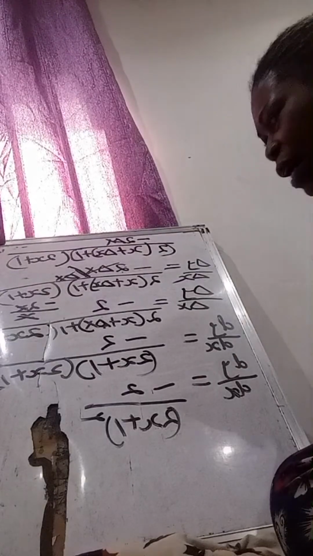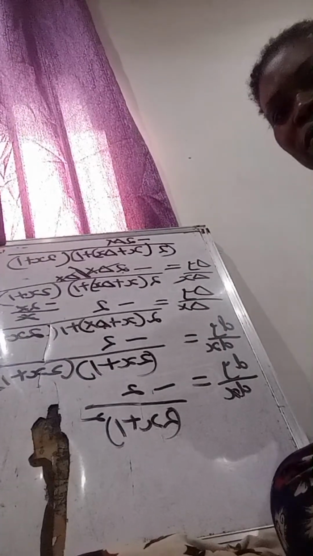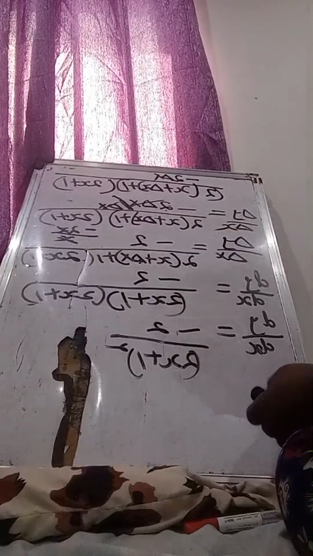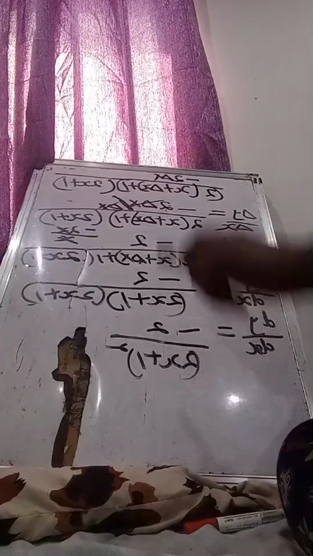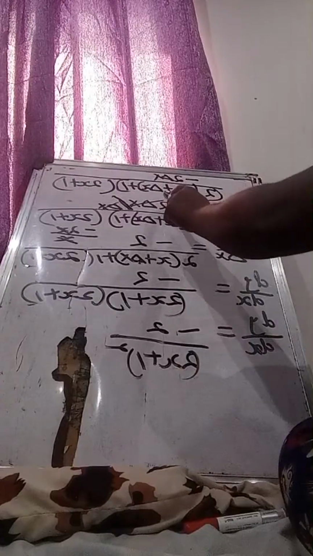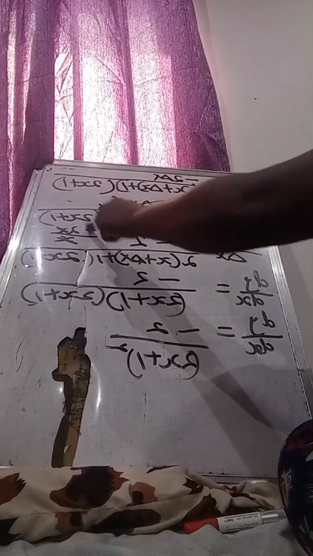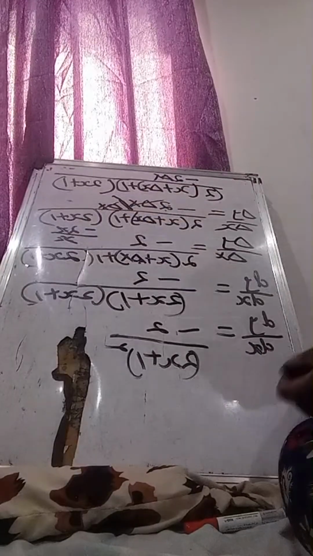The reason why the change in x is not left here is because we have taken the limit of change in x to 0. If you say limit change in x to 0, it means that anywhere you see change in x, call it 0. But this one remains because if you divide minus 2x over x, x will cancel x and you will leave the rest.